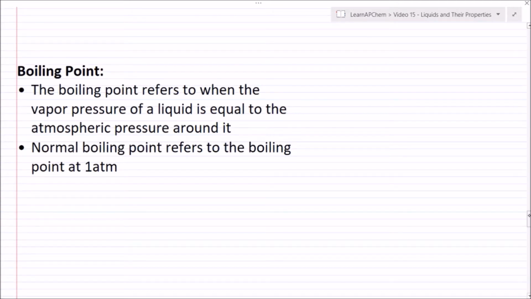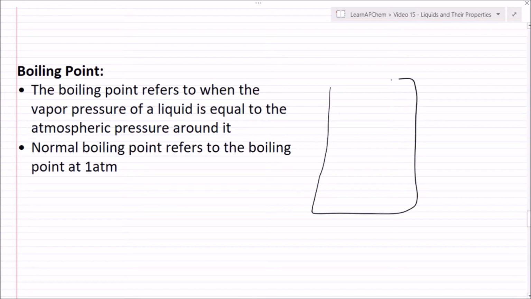Alright, so let's talk about boiling point now. And in the last video, I left you with a challenge problem saying that if something has stronger IMFs, is it going to boil off easier or harder? And so I'll cover that now. The boiling point is referring to when the vapor pressure of a liquid is equal to the atmospheric pressure around it.